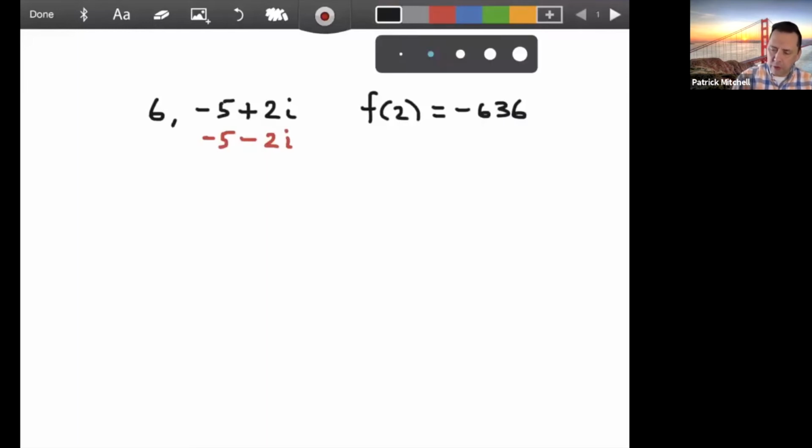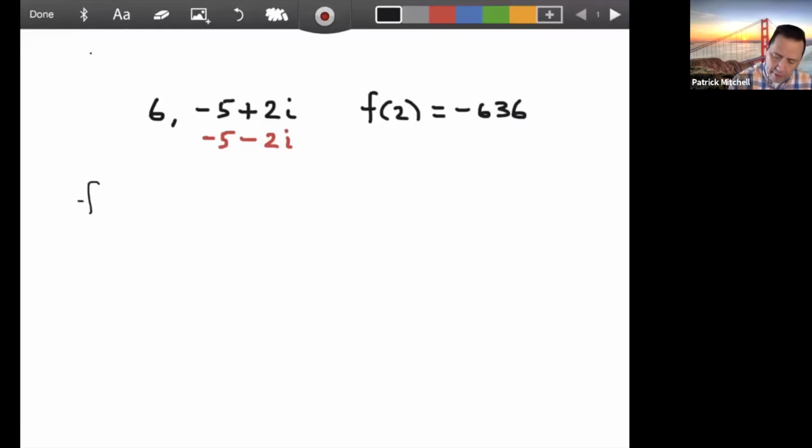Okay, so now I'm ready to start figuring out what this polynomial is. I think I will switch to a thinner pen here. All right, so the linear factorization theorem says that this polynomial will have the form f of x equals a sub n times x minus 6.